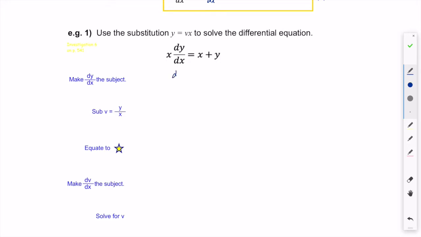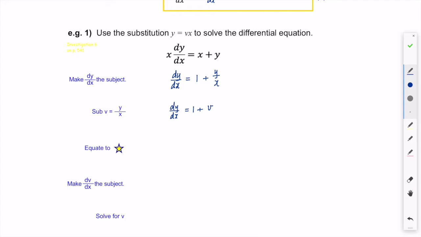That means I have to divide every single term by x. I have 1 plus y over x. Next, we see y over x on the right side of this equation, which allows us to make a substitution as v.